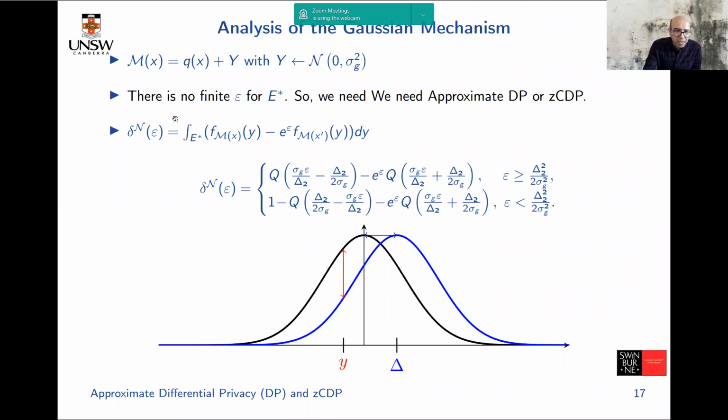Because this integration depends on the CDF, or cumulative distribution function, of the Gaussian distribution, you can see the function delta in terms of epsilon depends on the Gaussian Q function.